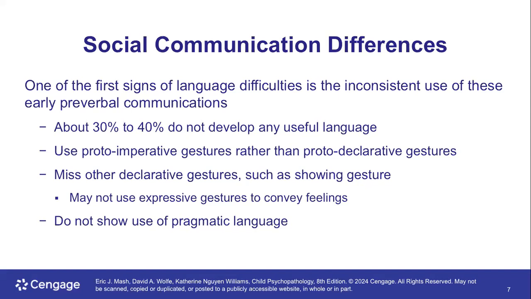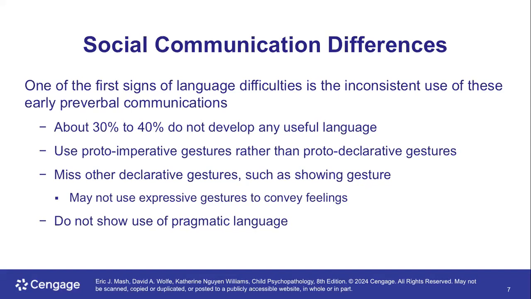And there is more of a proto-imperative gesture. So that might be pointing, as in saying, give me, versus a proto-declarative gesture, right? So things like showing or joint expression, there is a reduction in ability.